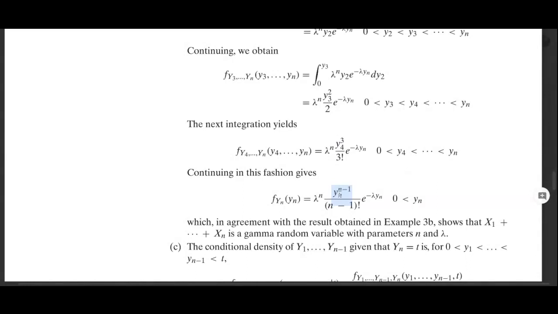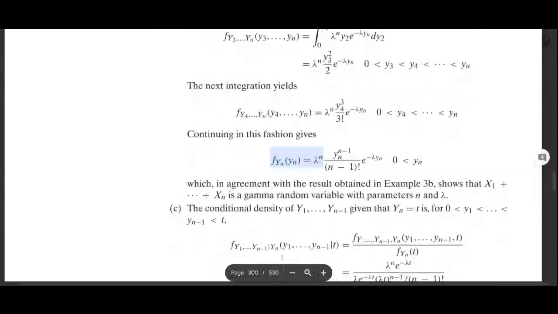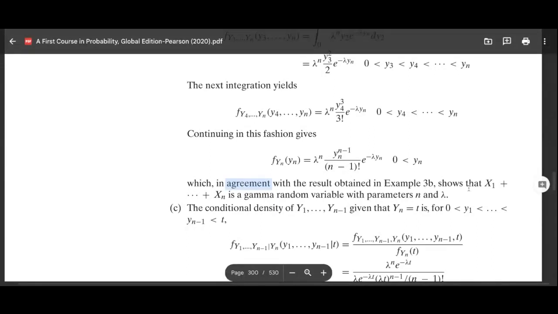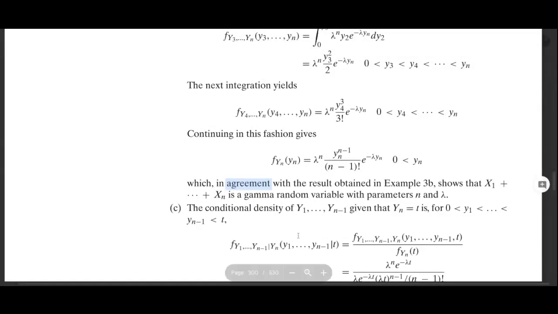That's the nth y raised to n minus 1 divided by n minus 1 factorial. Which is in agreement with the result in example 3b, which shows that x1 adds up to xn is a gamma distribution.